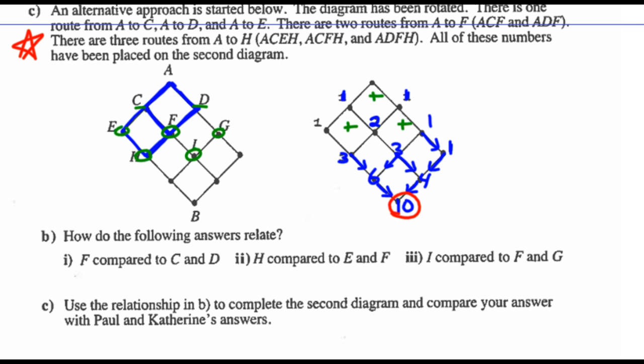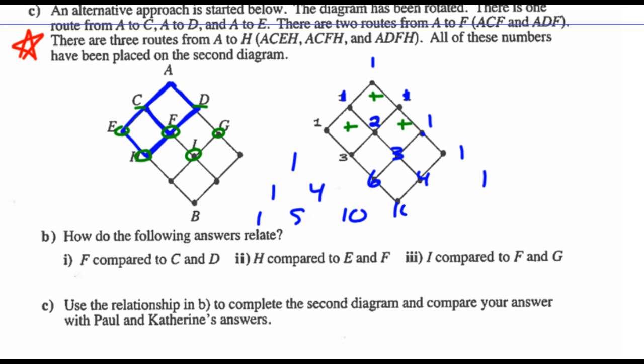Now, if you recall, this looks a whole bunch like Pascal's triangle: 1, 1, 1, 1, 2, 1. If I kept it going, 1, 3, 3, 1, 1, 4, 6, 4, 1, and 1, 5, 10, 10, 5, 1.